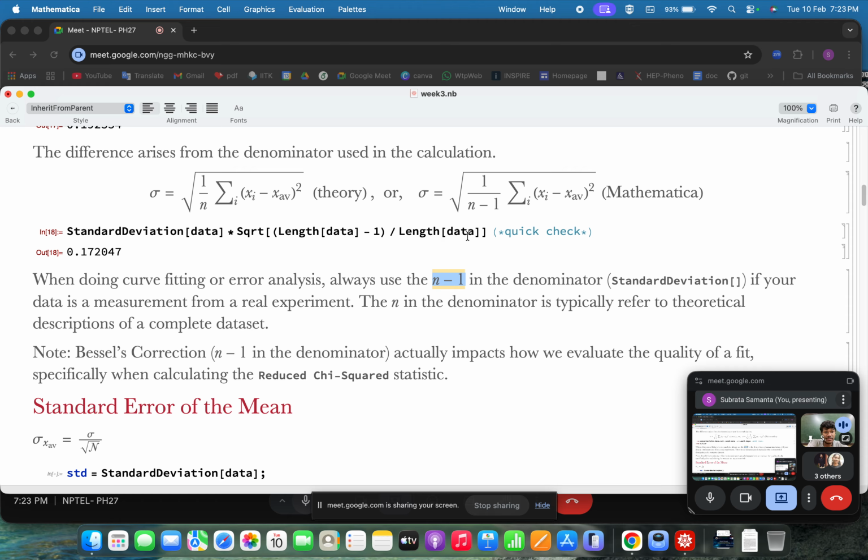That is already encoded in the standard deviation functions in Mathematica. This is crucial, but if you calculate some theoretical values, then you use n. That means you have to multiply it with this factor in order to get a correct result. These two differences are very crucial when you are appearing in quizzes or exams.